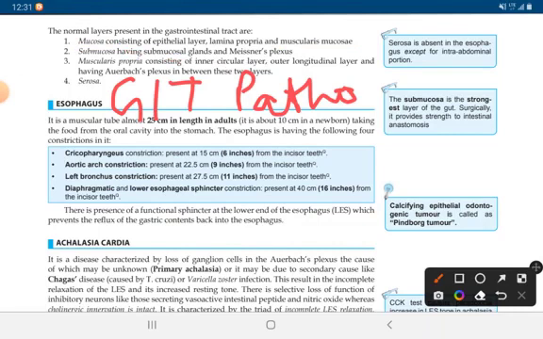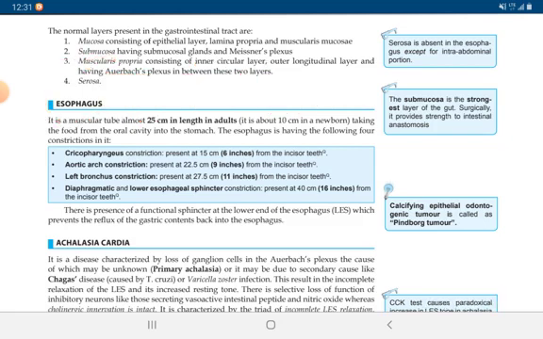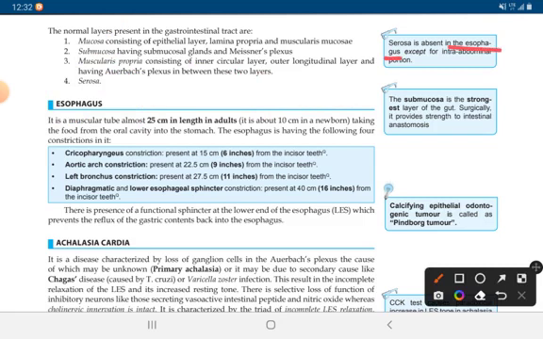The muscularis propria consists of an inner circular layer and an outer longitudinal layer, with Auerbach's plexus between them. And there is the outermost layer of the gastrointestinal tract, known as serosa. The serosa is absent in the esophagus except for the intra-abdominal portion.